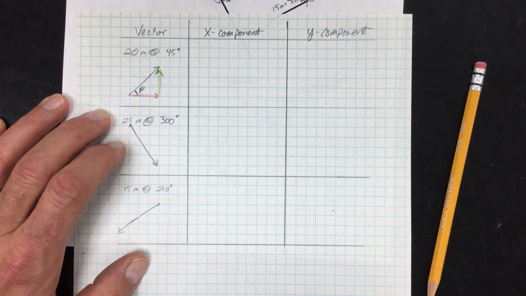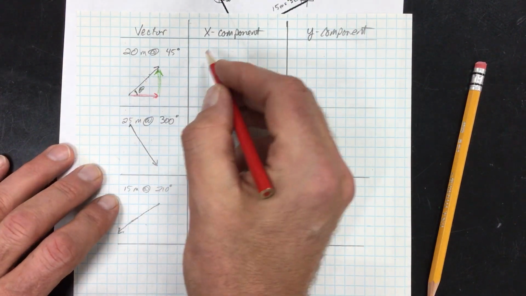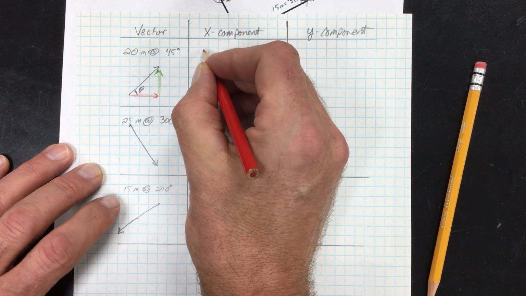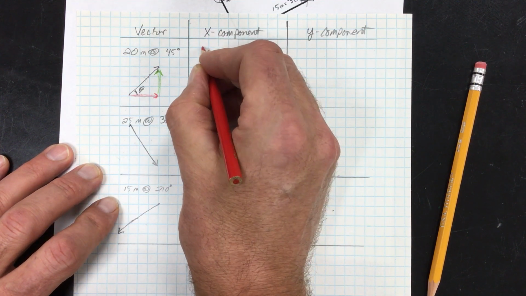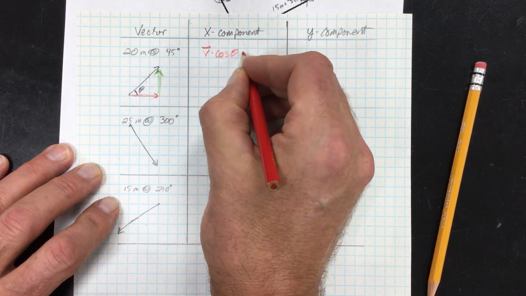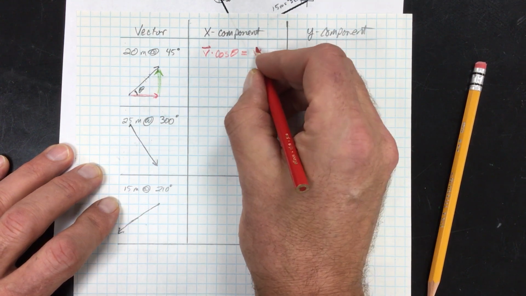So that means, adjacent, so CAH TOA, I'm going to use cosine for this. So the vector times cosine theta is going to give me the size of that horizontal piece.